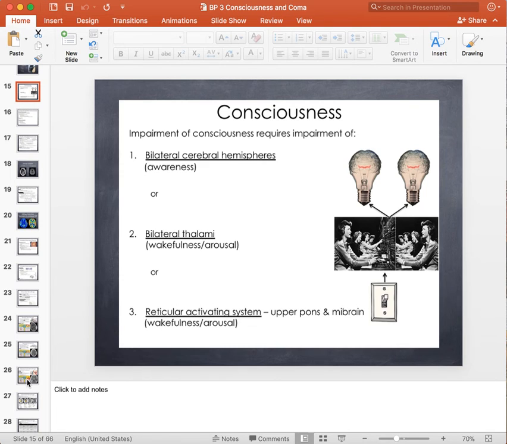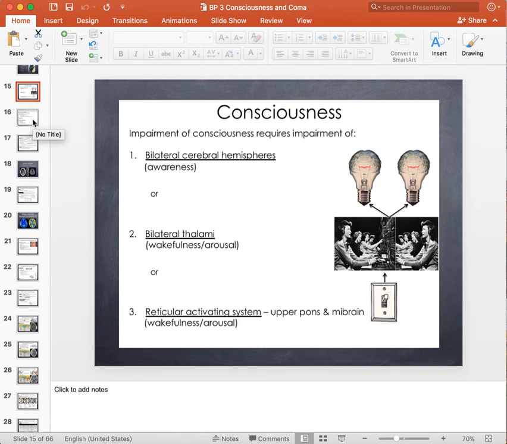There's so much territory there that in order to completely darken the room, you have to have the light bulbs totally out. And the reticular activating system is really important for wakefulness and arousal. So the reticular activating system has to be intact in order to have your cerebral hemispheres working and aware.